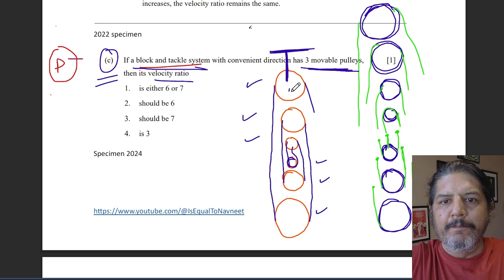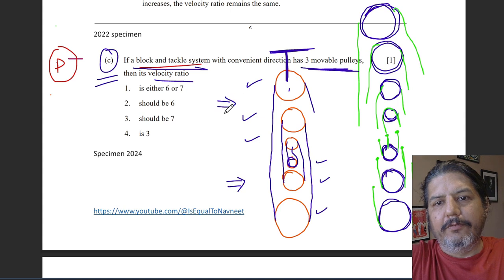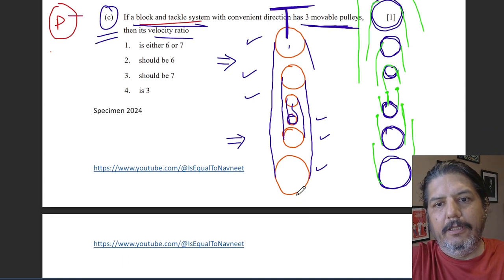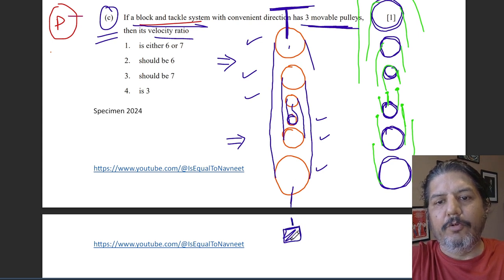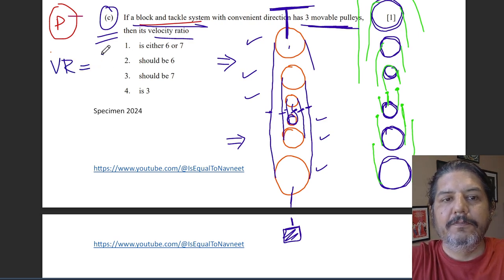So in this case, if I have 3 movable down and 3 fixed above, the number of strings which are supporting the load are 6. 1, 2, 3, 4, 5, 6. So in this case, the VR can be 6.